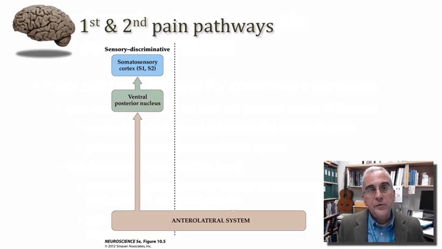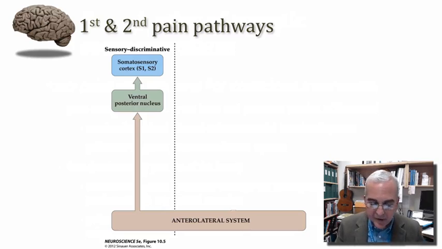Okay, we briefly introduced our central pathways for pain when I talked more generally about our pain systems, and we recognized that there are two qualities of pain, two categories of pain, a first pain and a second pain. That first pain was sharp, it was somatotopically localized, and it was fast.